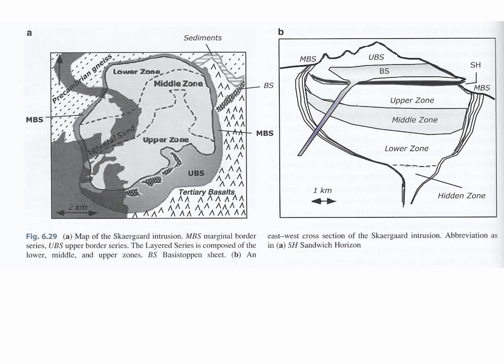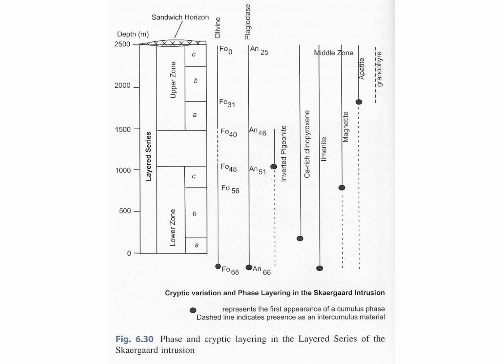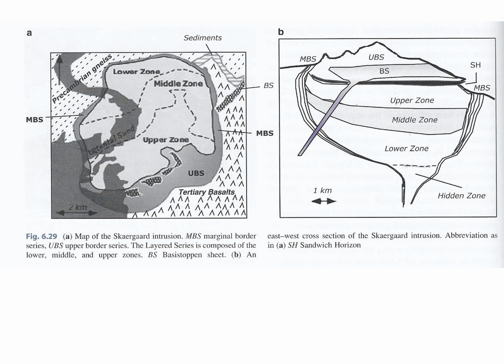The layered series is composed of the lower zone, the middle zone, and the upper zone. And BS is the Basistoppen Sheet, yeah?